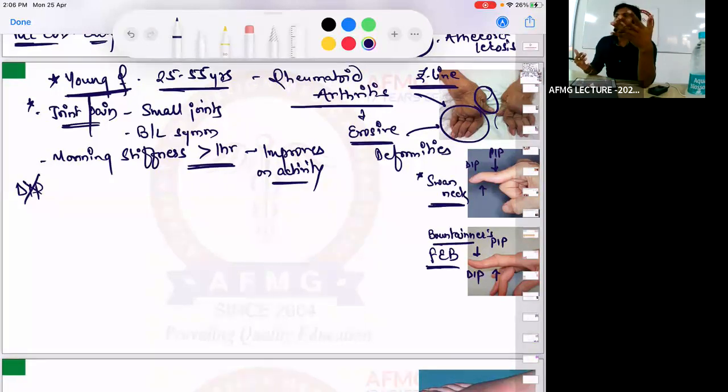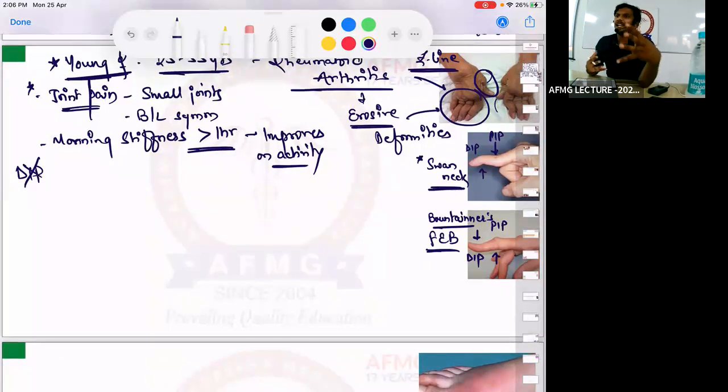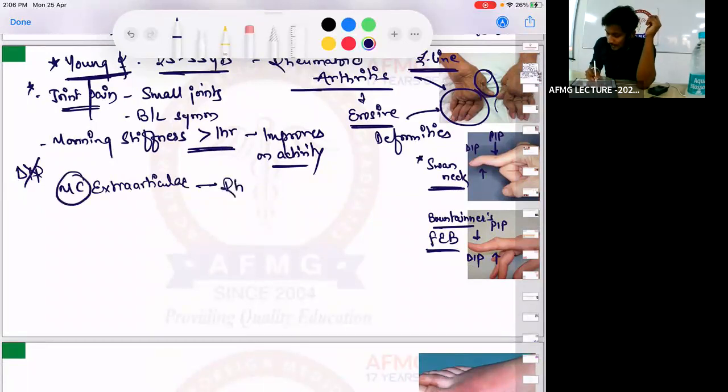Now, apart from joint manifestation, or apart from joint pain, muscle pain, the patient will also complain of some extra-articular manifestation. So the most common extra-articular manifestation is rheumatoid nodules.